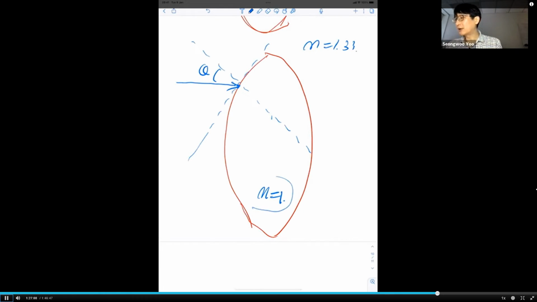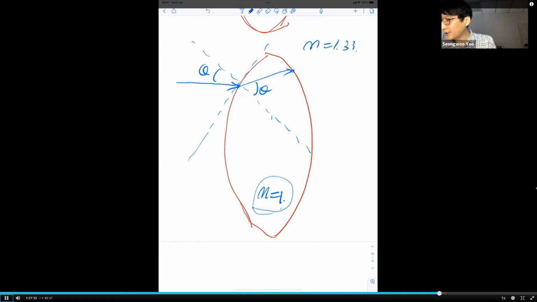So the second medium has a higher refractive index than the first medium. Therefore, the light will refract toward a higher refractive index medium, so it will refract in this direction, with an angle of refraction smaller than the incident angle.